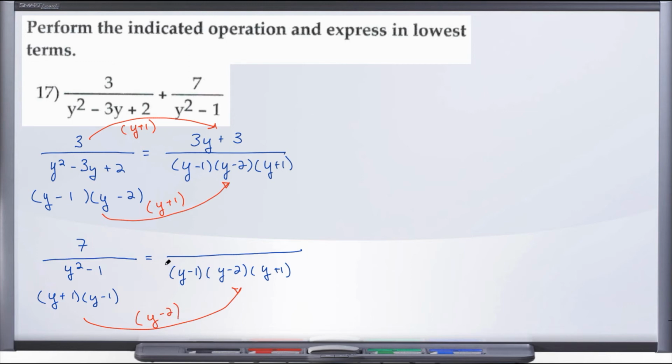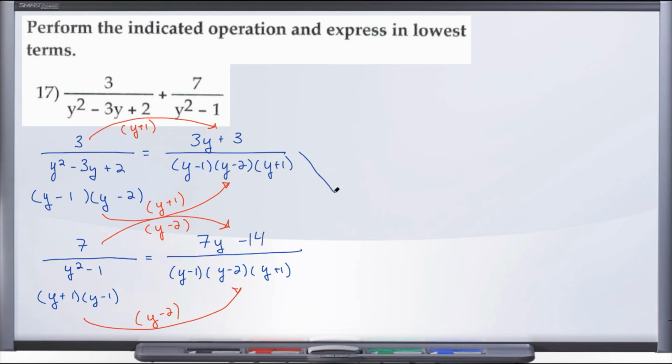And again, whatever we do to the bottom, we have to do to the top. So y minus 2. Let's perform some multiplication. So 7 times y gives us 7y. 7 times negative 2, that gives us negative 14.